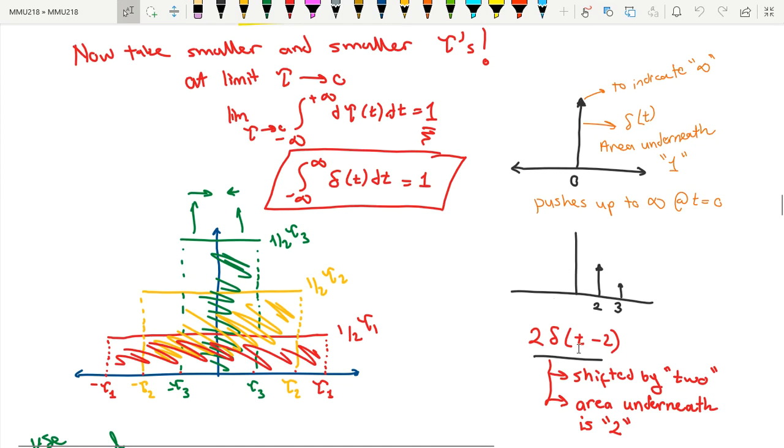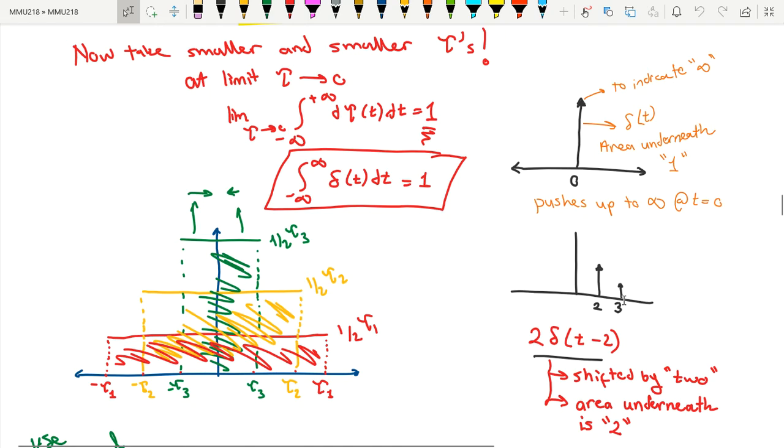And let's see a time shifted version of that. A time shifted version will be delta t minus 2. It's going to be shifted by 2, let's say. This is the time shifted version.